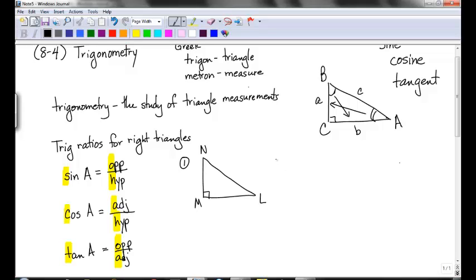Okay, and the author will say, find sine of angle L, cosine of L, tangent of L as a fraction and a decimal to 4 places.